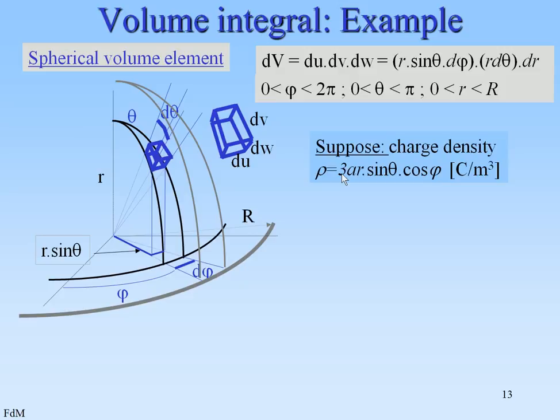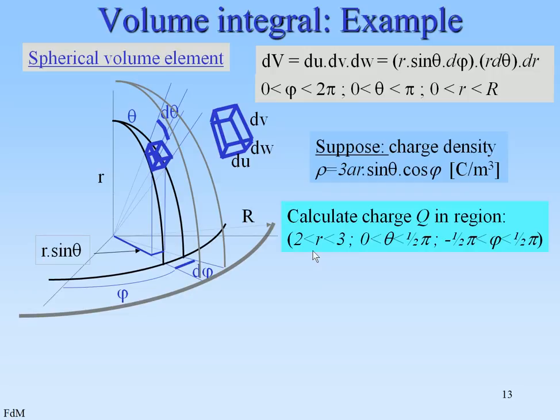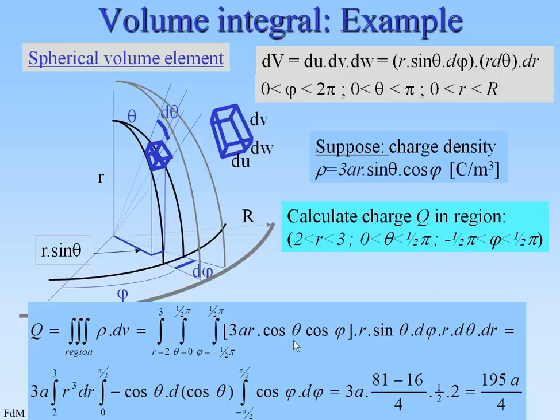Suppose we have a charge density given by rho is 3 sine theta cosine phi in coulomb per cubic meter, and when you integrate over a certain region Q, in which r is between 2 and 3, theta between 0 and pi over 2, and phi between minus pi over 2 and plus pi over 2, then we end up with the integration over the region, and here is the integration, here is the volume element, and we end up with 195 pi divided by 4.